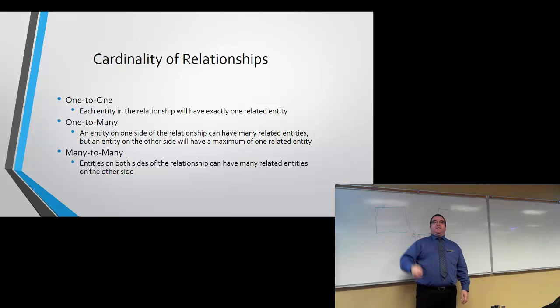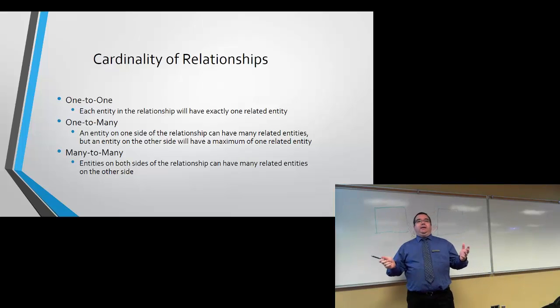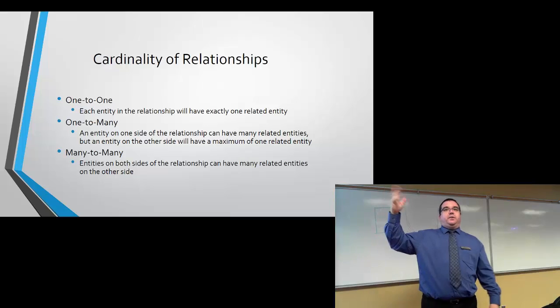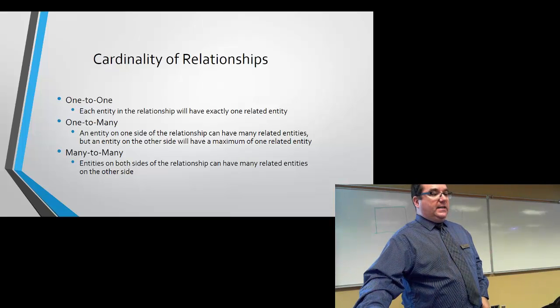One mother has many kids, but each kid can only ever have one mother. Then you've got many-to-many, where everything's cross-connected. For example, students and courses via programs. This program has many courses, and there are many students in this program. That's a many-to-many. That's cardinality.